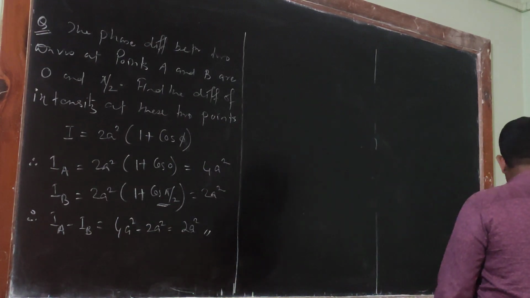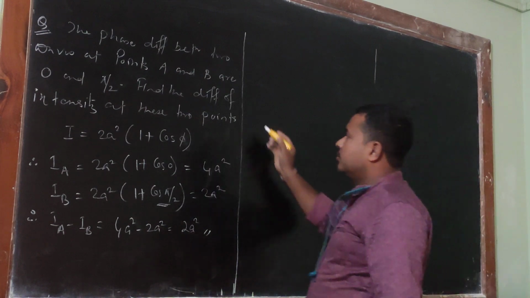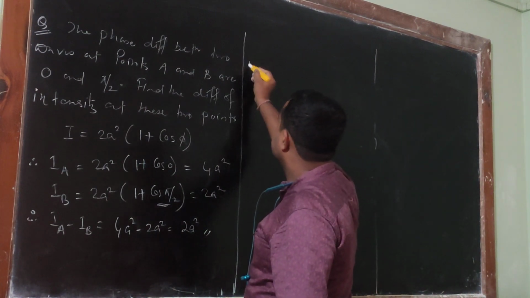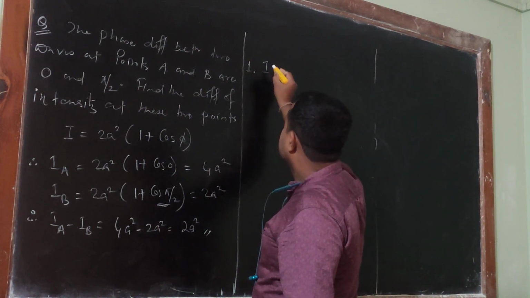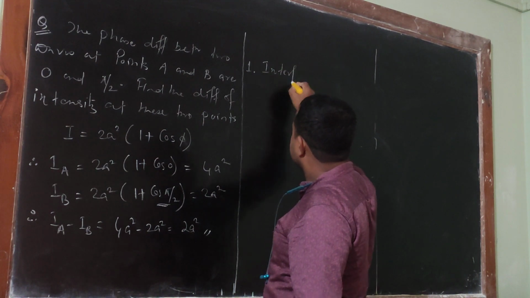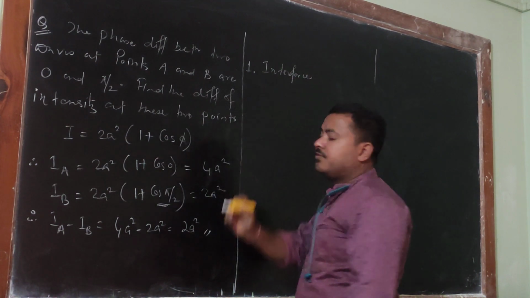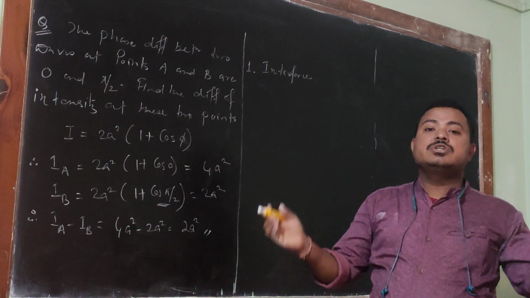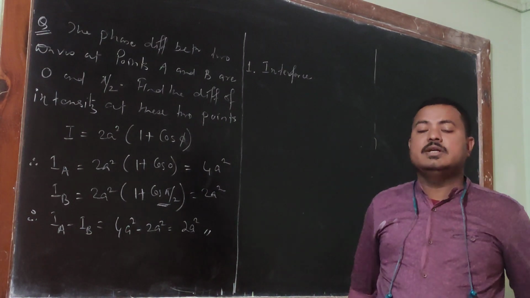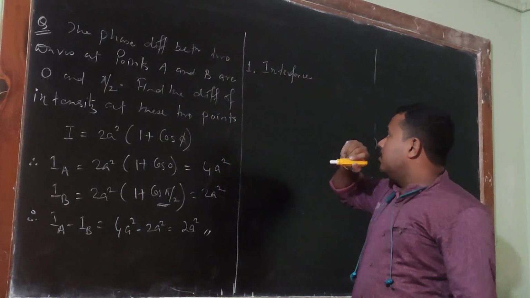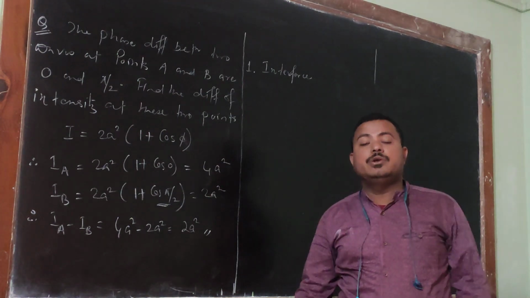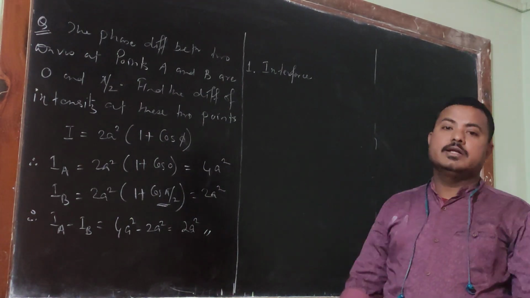So let me summarize today's class. At the beginning I discussed interference. What is interference of light? It is a redistribution of intensity of light on a screen due to superposition of the light waves coming from two coherent sources.